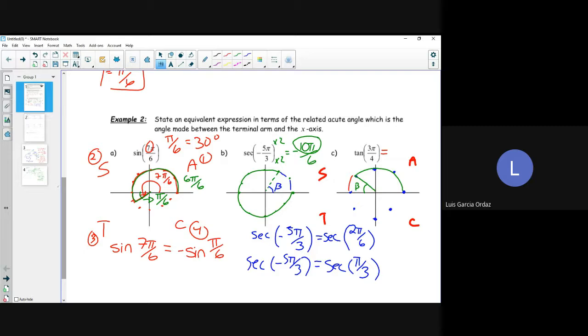So we're left with a pi over 4. But is tan positive or negative in the second quadrant? It's going to be negative. So our answer is going to be tan of 3 pi over 4 is equal to negative tan of pi over 4.